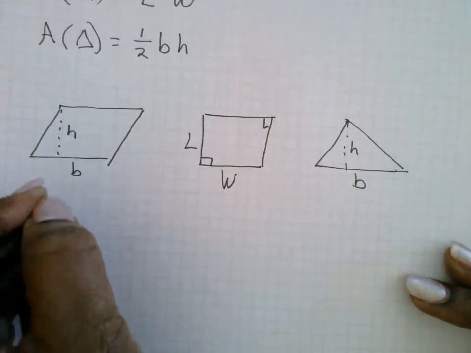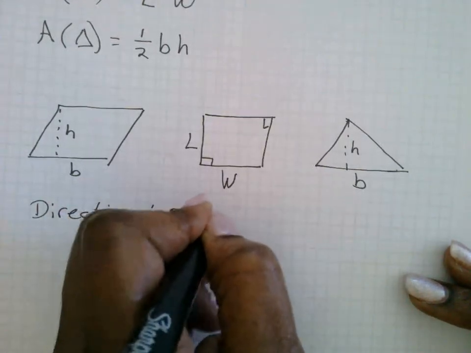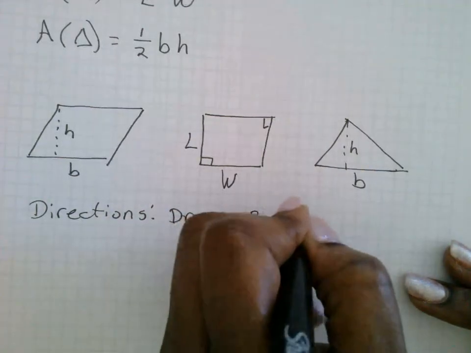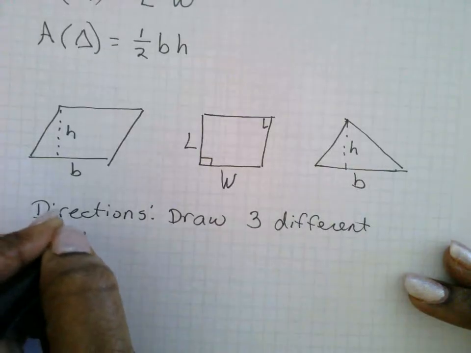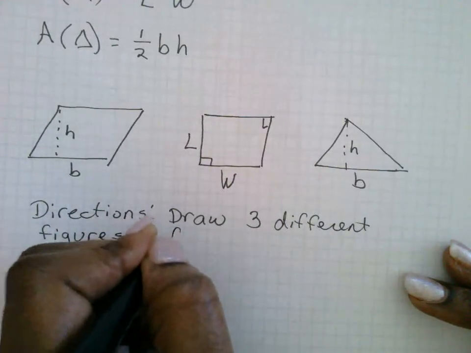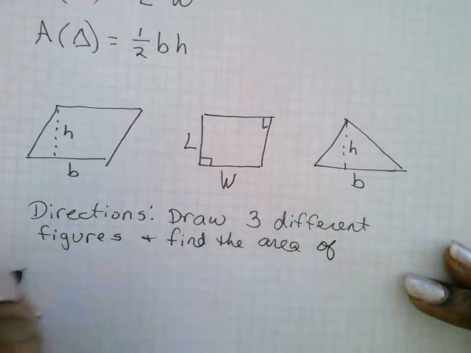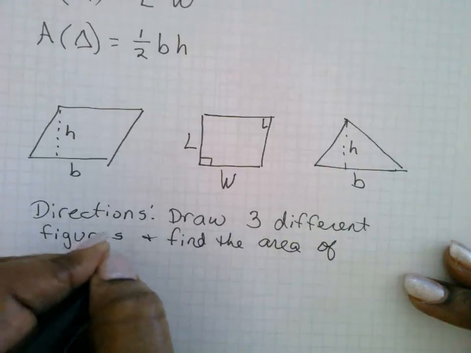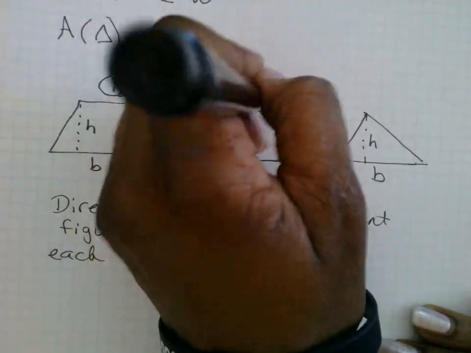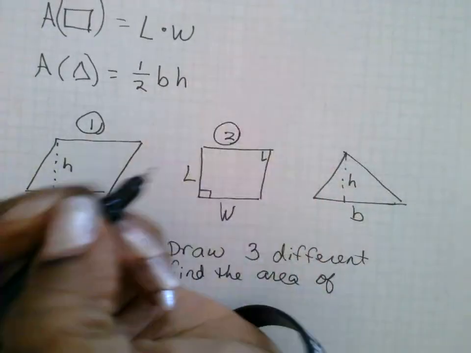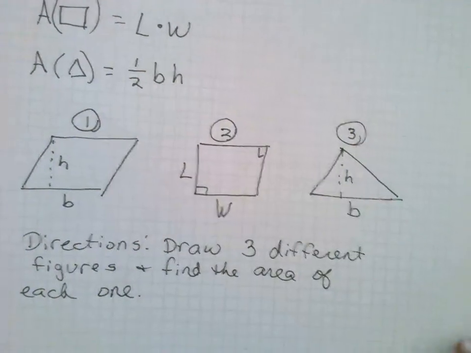All right, on the front of this paper, you are going to draw 3 different figures and find the area of each one. You gotta have a parallelogram, a rectangle or a square, and a triangle.